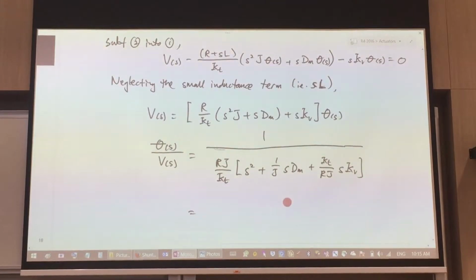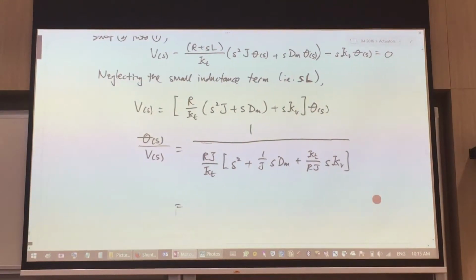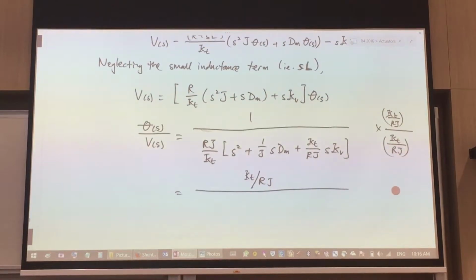And this one, I can multiply a factor of KT over RJ at the top and the bottom. Multiply it that way, so I get KT over RJ, divided by s squared plus s Dm over J plus KT Dv over RJ.